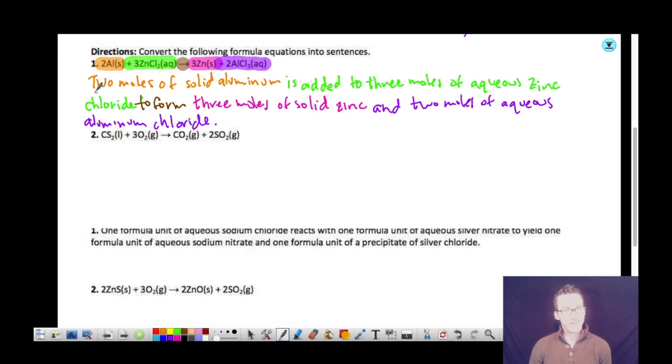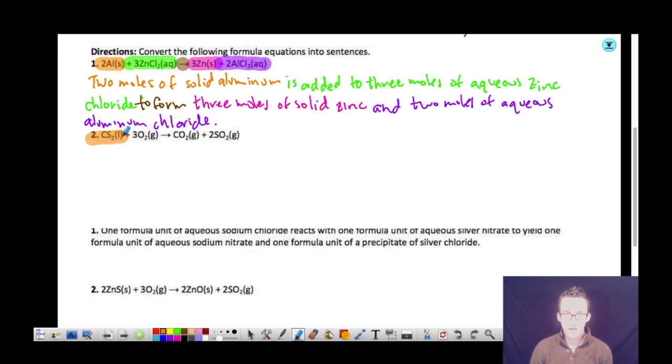Boom! So definitely a little more tedious to write things out, but essentially your brain needs to be able to say all of these things, even if you don't write it out, because we're going to be writing a lot of these equations and you have to be able to interpret that and understand what it means.